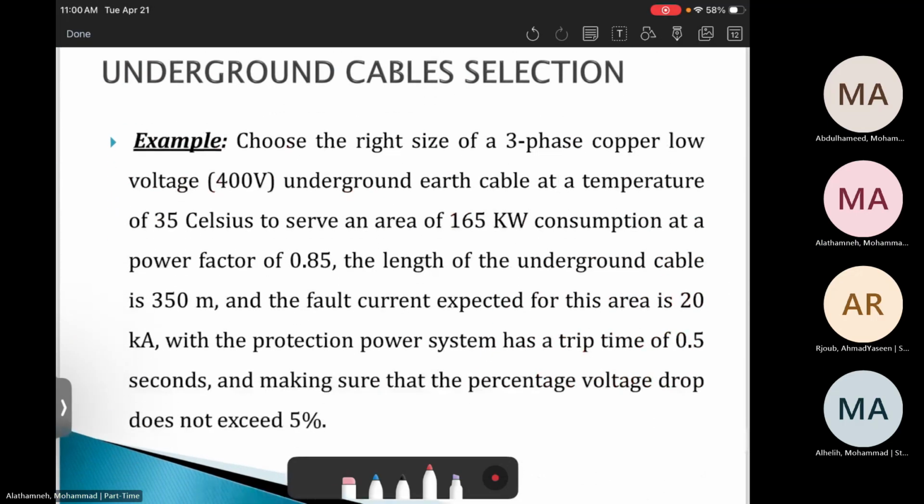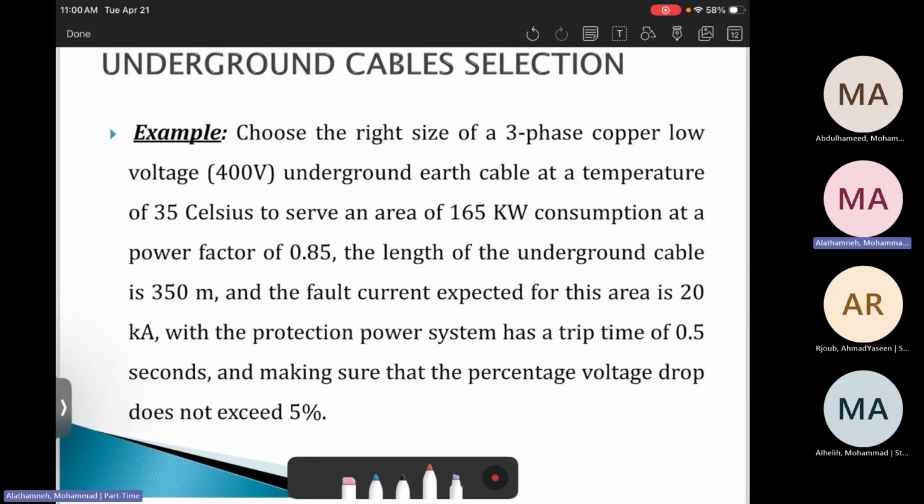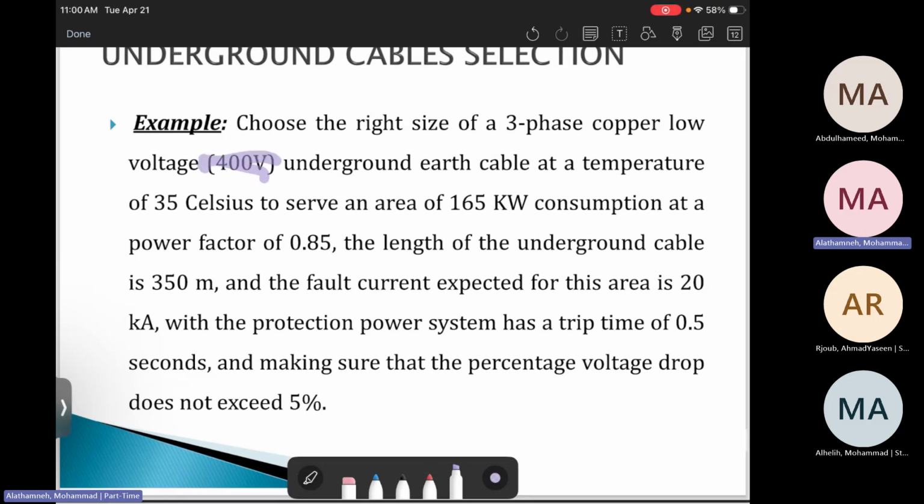All right. Now let's go to this example. Choose the right size of the three-phase copper voltage 400 volts underground cable at the temperature 35 Celsius degrees and the load 165 kilowatts.